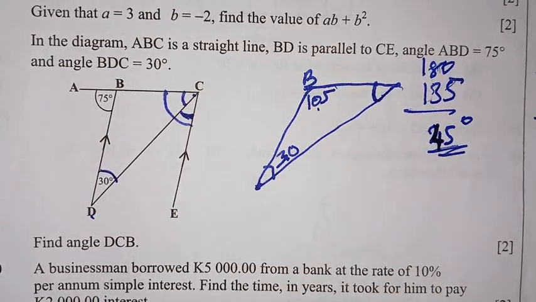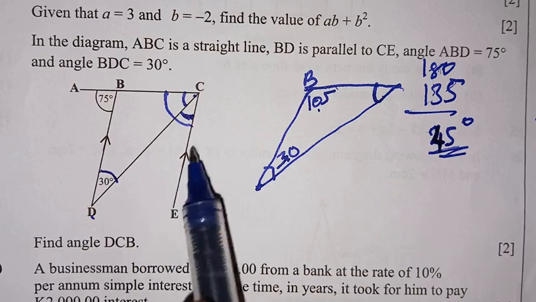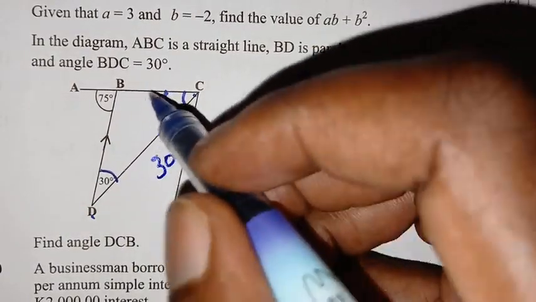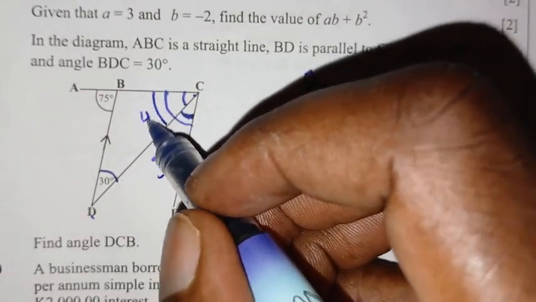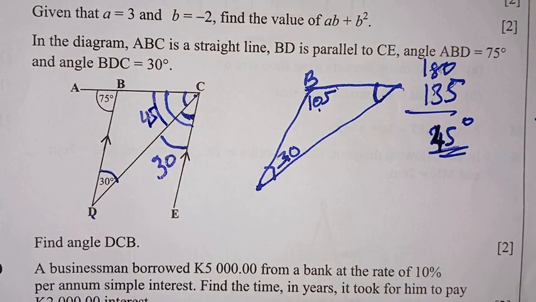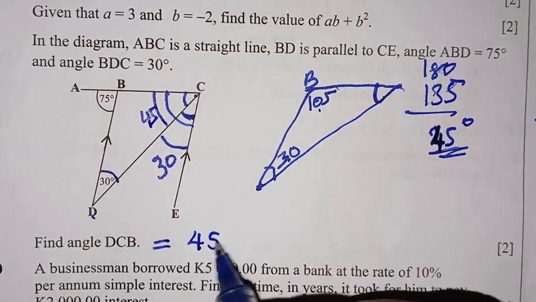This is 45. Then now you have a situation where if this is 30 here, then obviously this is supposed to be 45, so that when you add the two of them, they should give you 75. So this angle here is equal to 45.